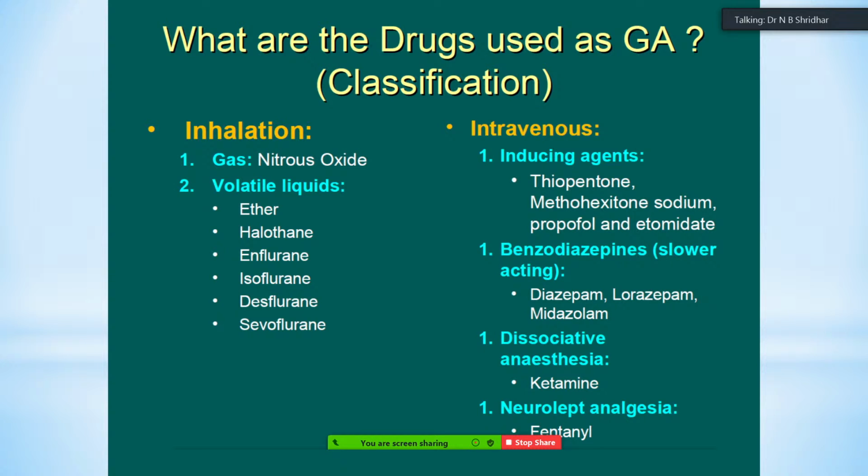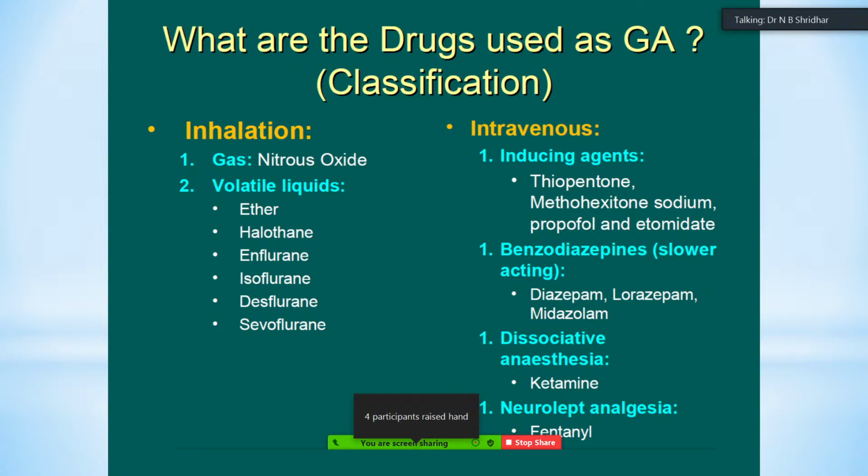The benzodiazepines are very slowly acting, and classical examples of this category are diazepam, lorazepam, lidocaine and midazolam. And dissociative anesthetics are ketamine and ether.